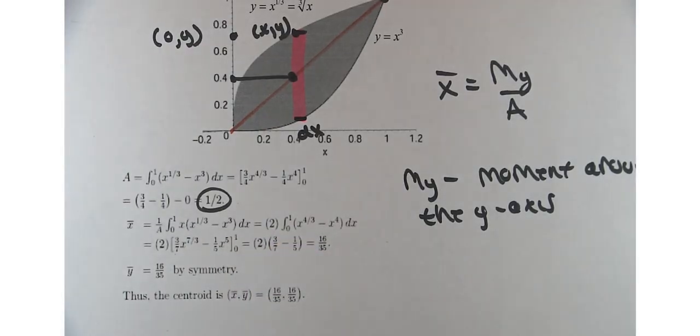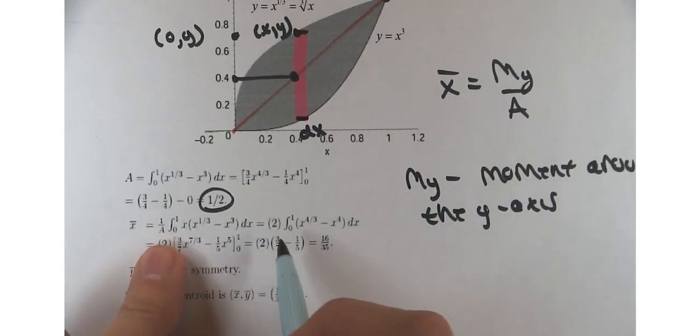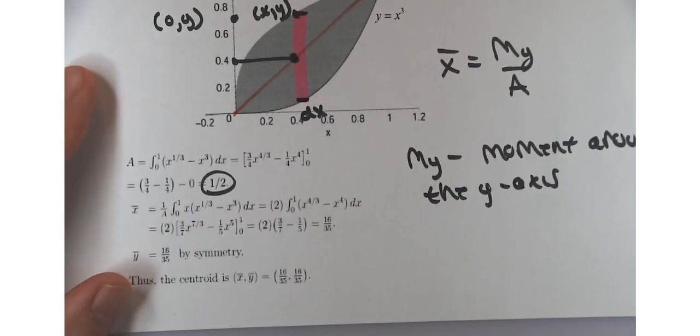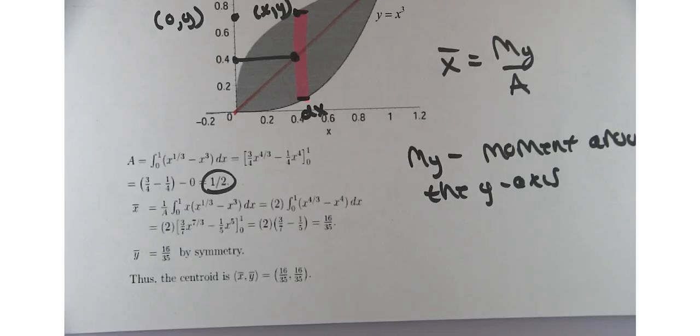Let's see, what other details do I want to put in here? A good question that I would want you to answer if we were looking at this would be, how did it go from 1 over A to having a 2 out in front? Can anyone spot that? Well, what was A?